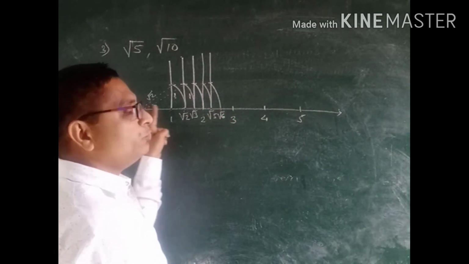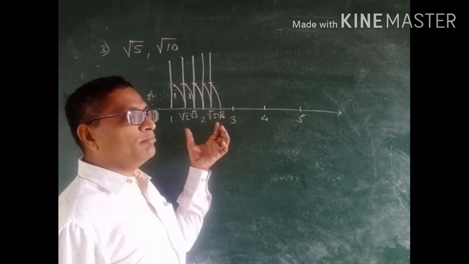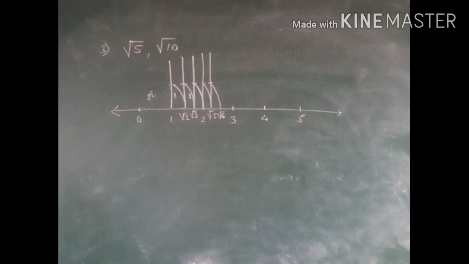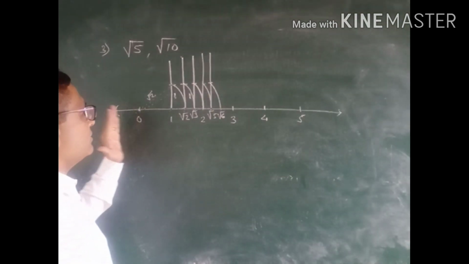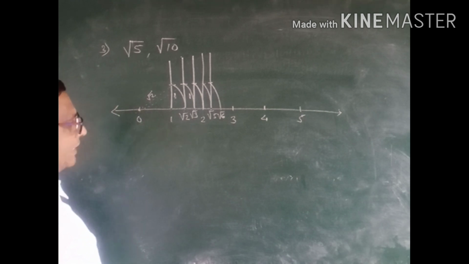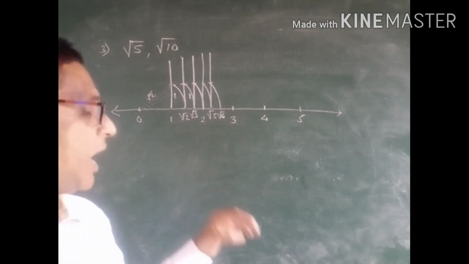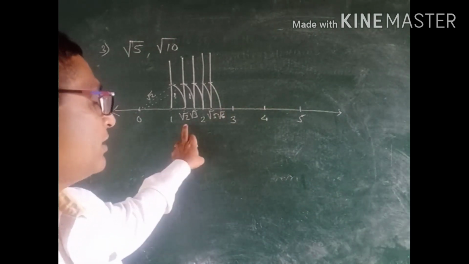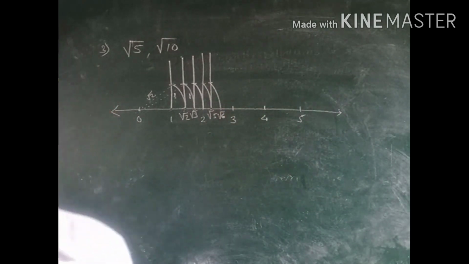In this way you can get any irrational number. You can have the negative distance similarly on the left side. So I think you will draw this number line and find the irrational numbers on it.